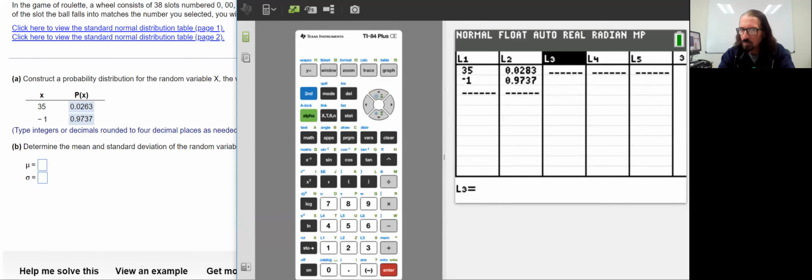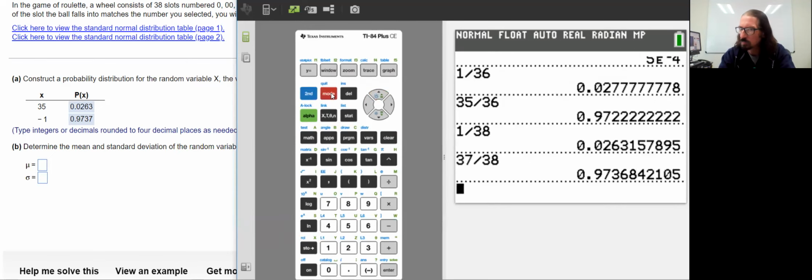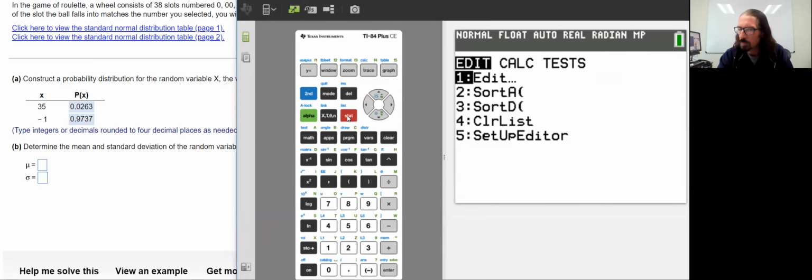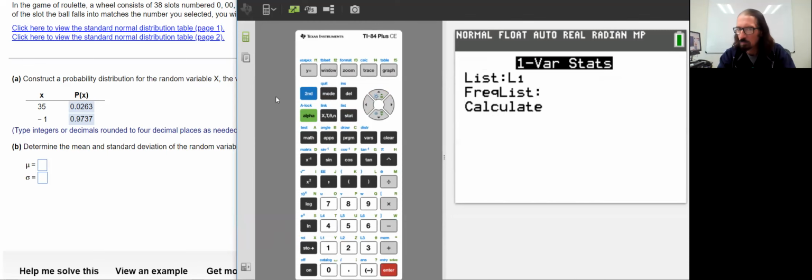So multiply those two. List 1 times list 2. And we're going to need our sum of list 3 to get the mean.